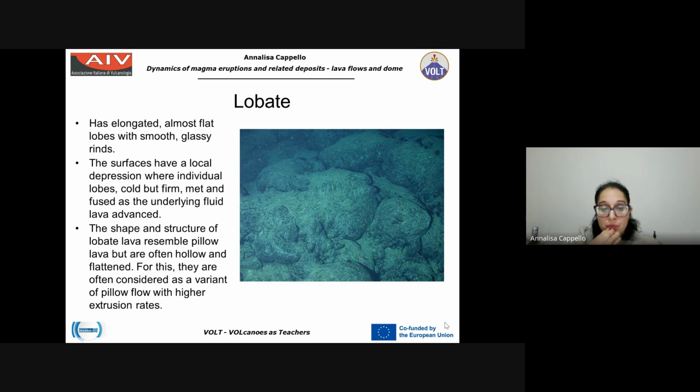And the structure of lobate lava is similar to that of pillow lava. Indeed, some say that they are considered a variant of pillow flow, even if they are extruded with higher effusion rates.